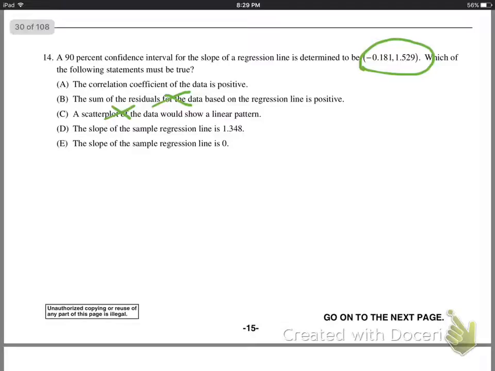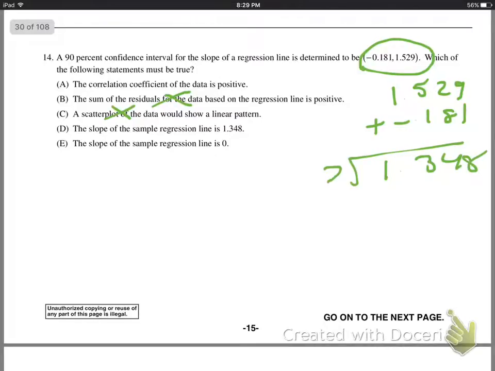All right, so let's go find what it is. Remember that if I add up the endpoints, 1.529 plus negative 0.181, so 1.529 minus 0.181, I get 1.348.